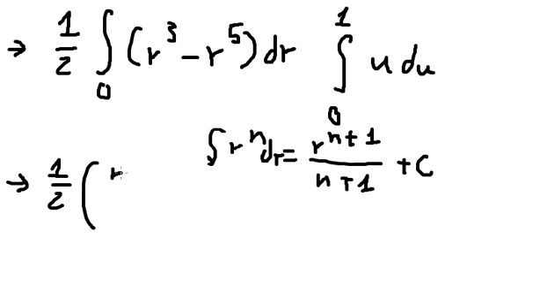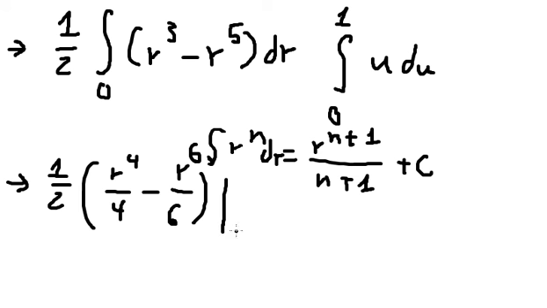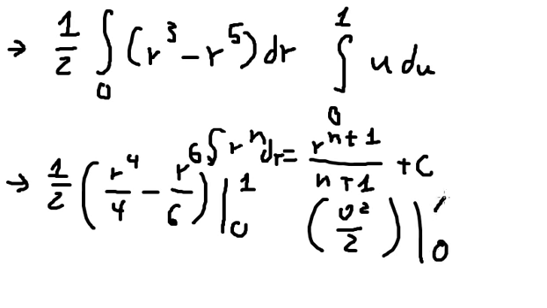And we have r to the power of 4 over 4. This one we have 6 over 6. And we put the bounds from 0 to 1. This one we have u squared over 2. And we put from 0 to 1. So 1 I will put in here, 0 I will put in here. Similar for the second one.